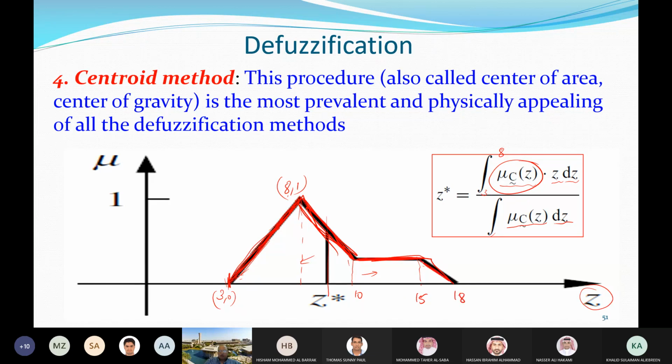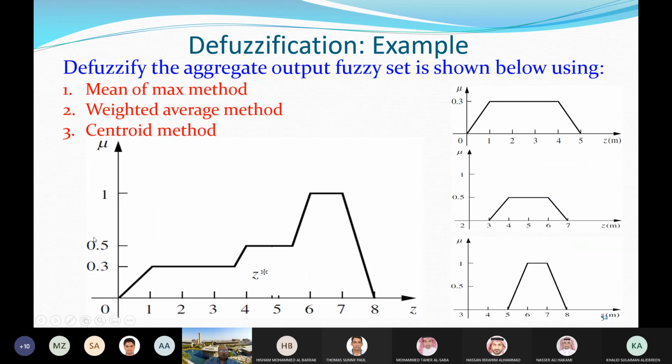You can get the straight line equation here, which is mu C of Z, and you integrate from 15 to 18 after multiplying by Z. And this is also the area under the curve. So dividing this, you can get the centroid, which is Z average, or Z star. So let us take this example.